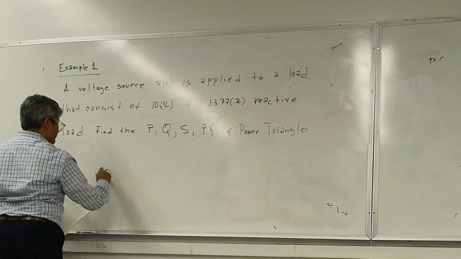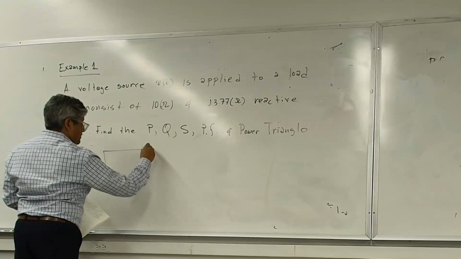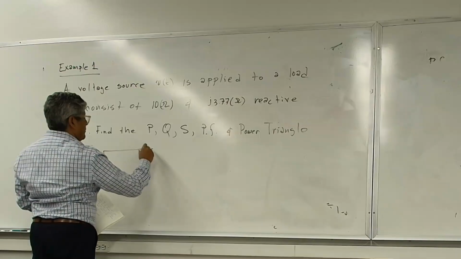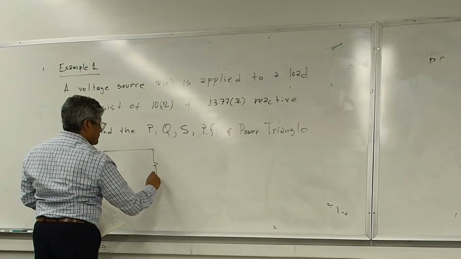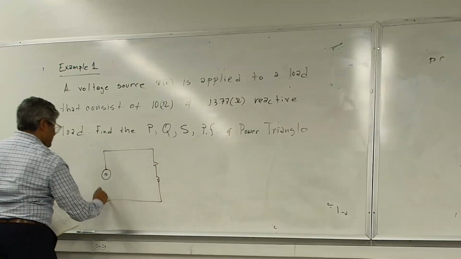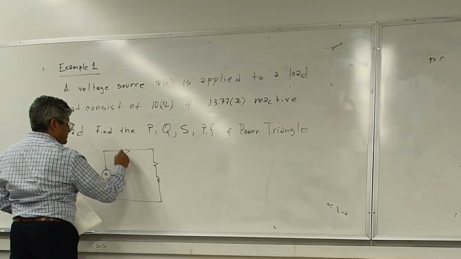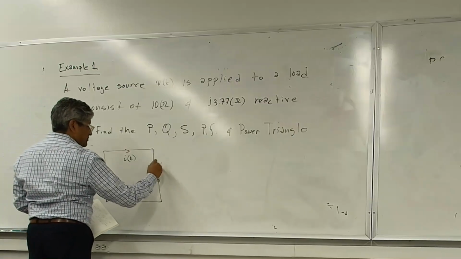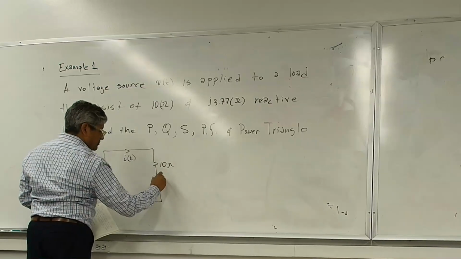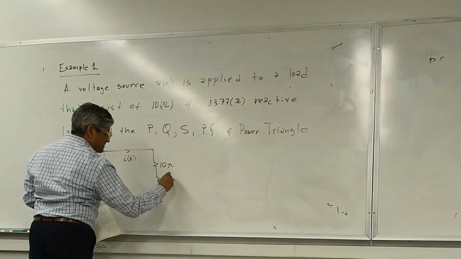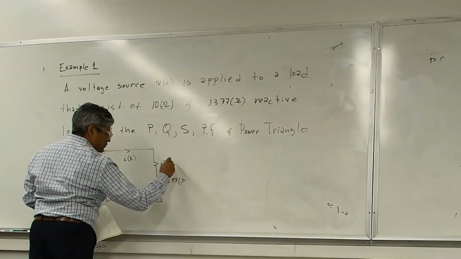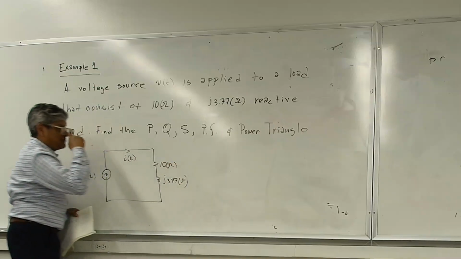So basically we have a resistor, we have an inductor, we have V of t, and I'll define I of t right now, which I don't know yet. I know this is 10 ohms, and I know this is j 3.77 ohms. We did this problem last week, well, I did this problem last week with the weekly.